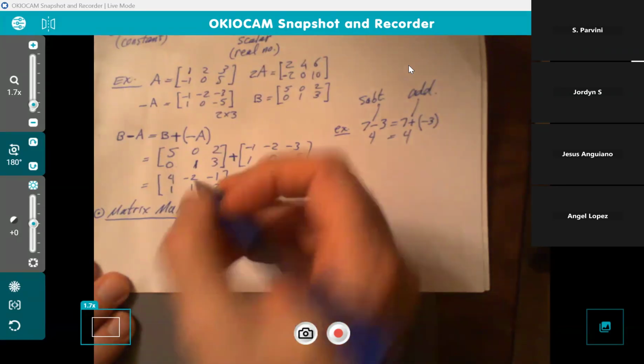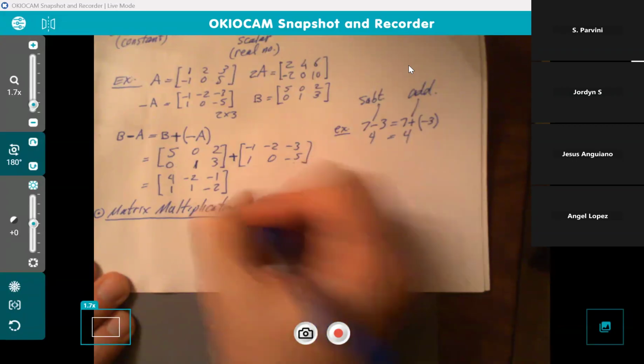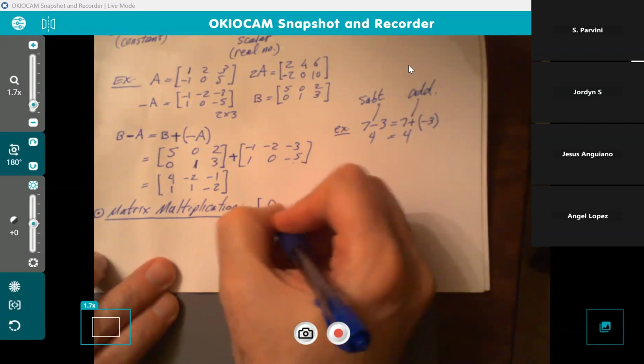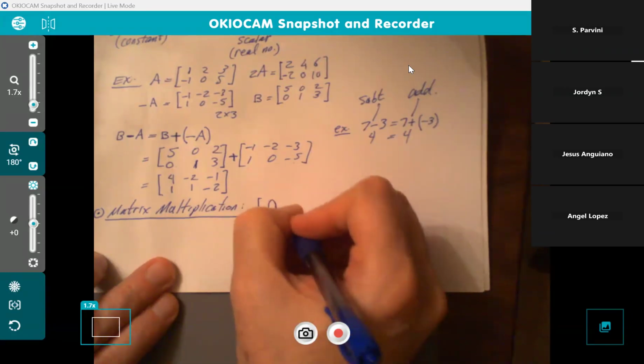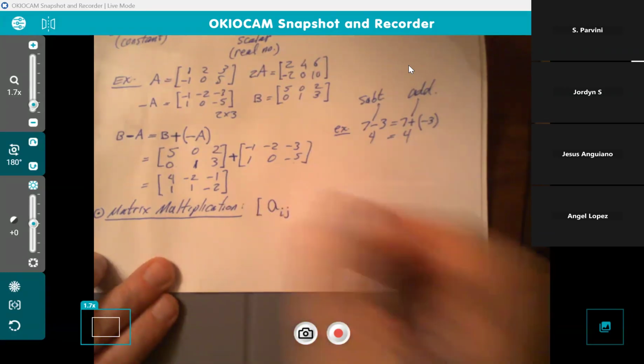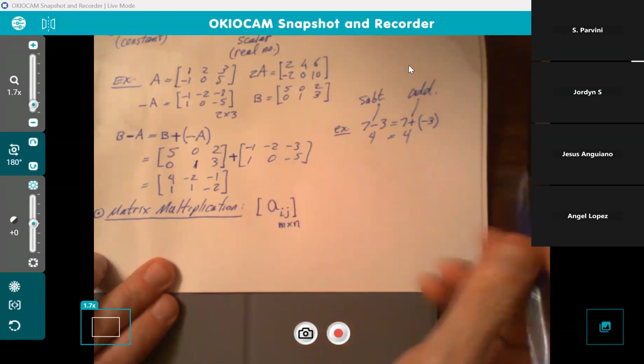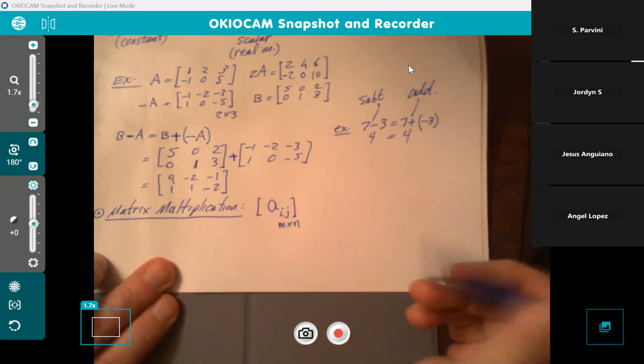Now, in order for matrix multiplication to be defined, here's what's going to happen. Matrix A is made up of entries a_ij. Suppose this is an m by n matrix, like the one I made about half an hour ago.